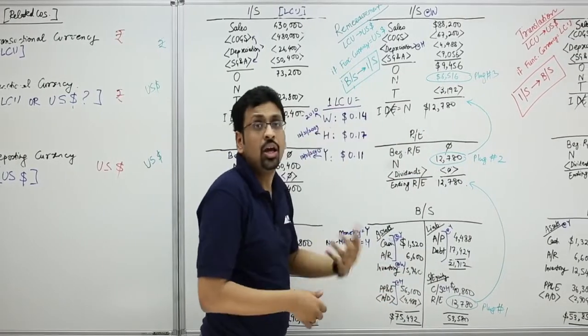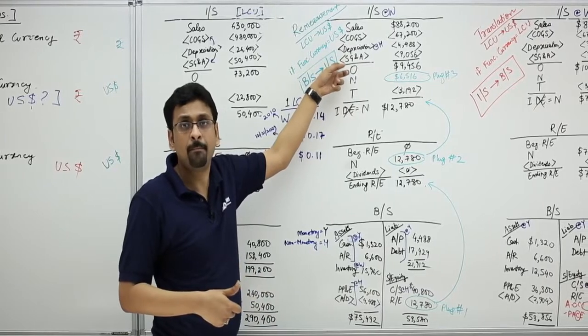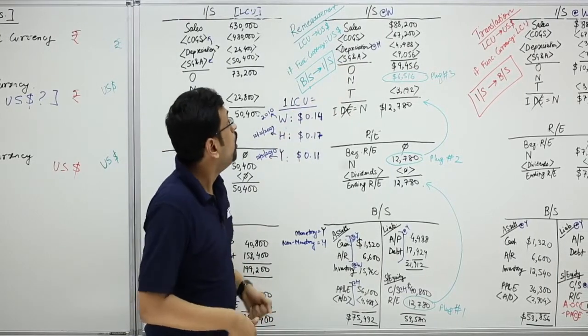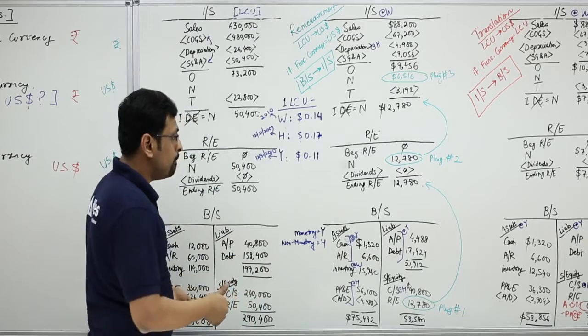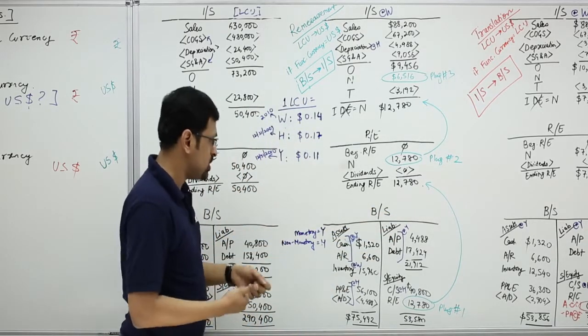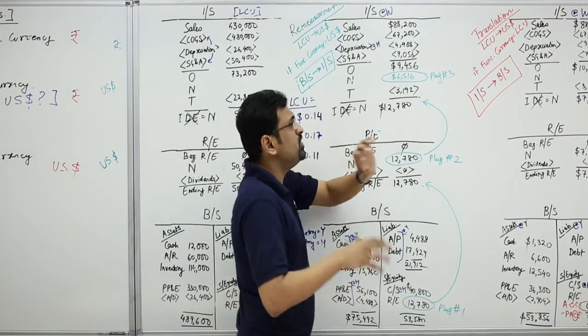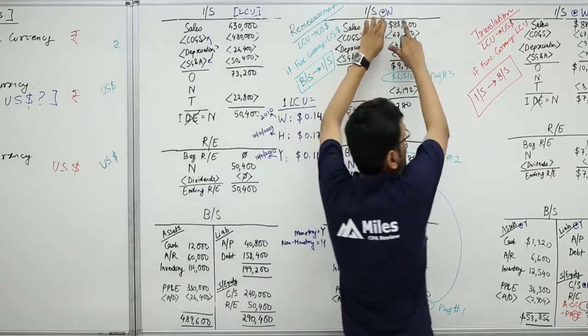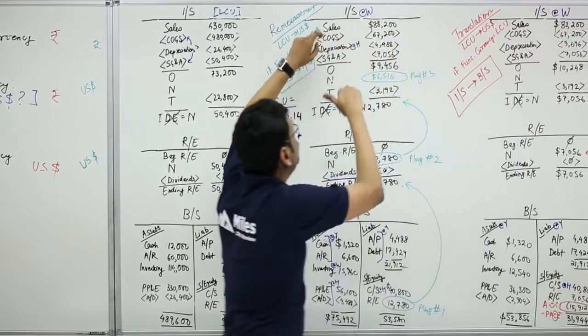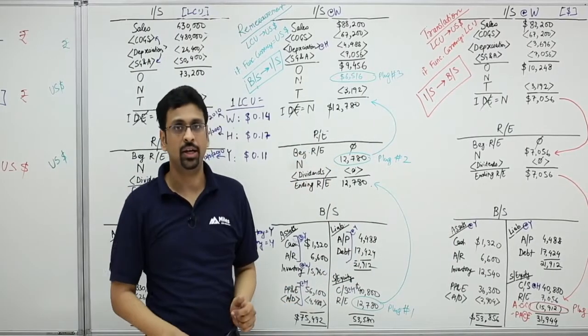Because your plug, your remeasurement gains and losses, is on your income statement. Now, when you're doing your remeasurement for balance sheet items, remember, if it's a monetary item, use the year-end exchange rate. If it's non-monetary, use historical rate. On your income statement, generally, you're going to use the weighted average rate, same as what you did here, except for items like depreciation, where you have to use the historical rate.